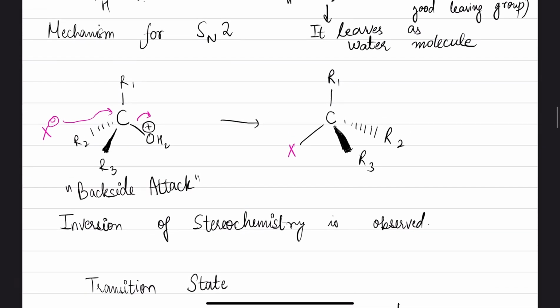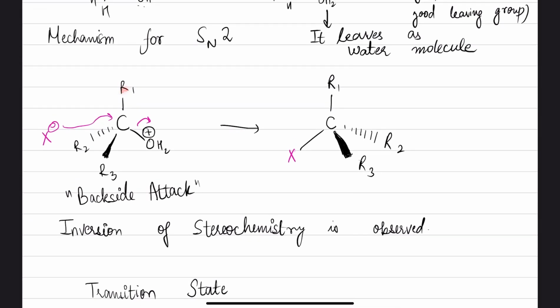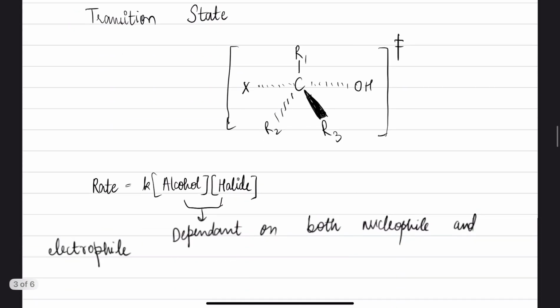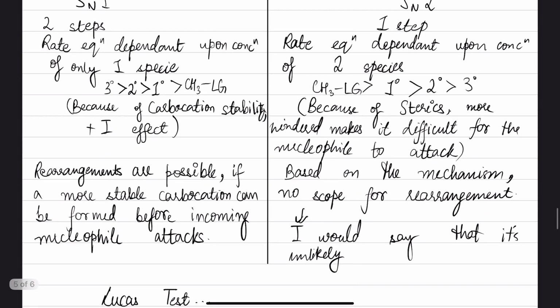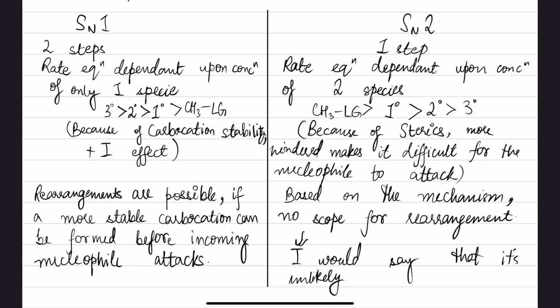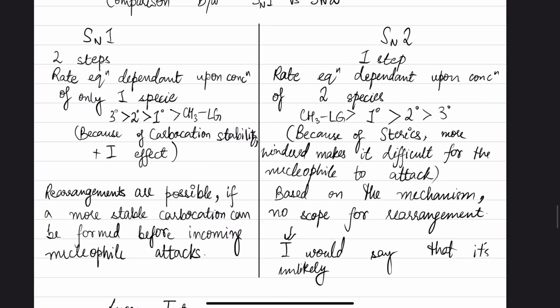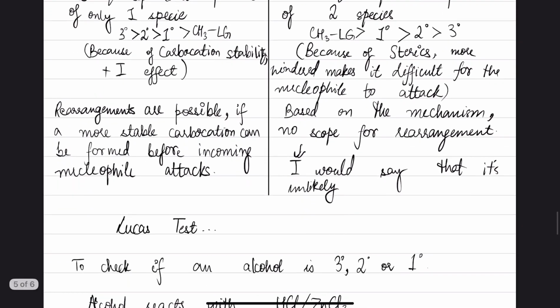But if they are methyl groups or just hydrogens, or very light groups, the nucleophile would not have any hard time attacking our carbon center. So again, that's what I've written, steric hindrance makes it difficult for the nucleophile to attack.